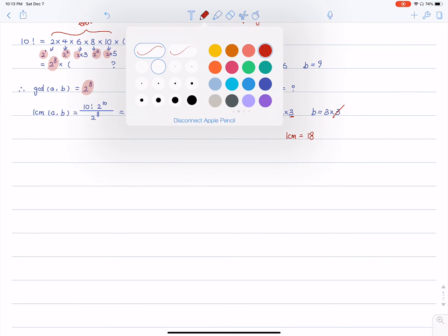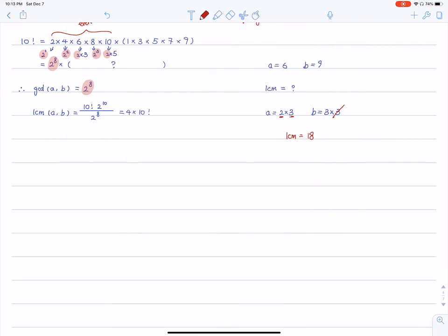Well, if you look at the GCD of 6 and 9, you know that they both have 3, which is the common divisor. When you look at the LCM, you get rid of the common divisor. So it's going to be the whole thing divided by the common divisor.